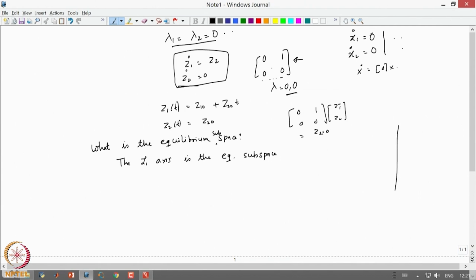So, if I were to plot on the Z1 Z2 plane, this entire Z1 axis is my equilibrium subspace. Okay, what happens close to the equilibrium? It's easy to check that my phase curves will just be parallel to the equilibrium subspace. So, here they will just be the reverse sign.